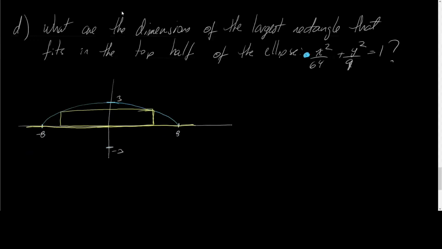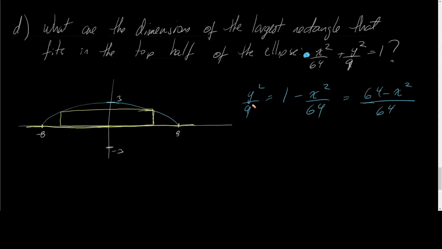Now, that top half is given by, well, if I solve for y here in this equation, I end up with the following. So I have y squared over 9 is equal to 1 minus x squared over 64, right? If I come up with a common denominator on the right, I have 64 minus x squared over 64.